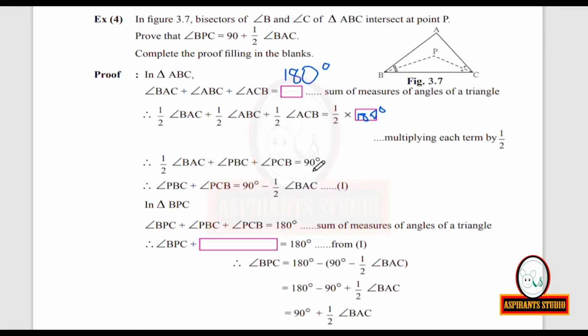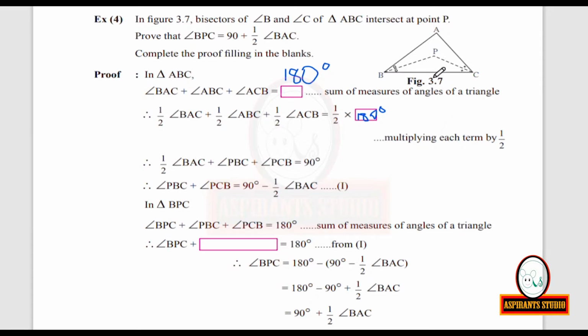Now, take half of angle BAC to the other side of the equal to sign. So already 90 degrees is present here. Now plus half of measure of angle BAC will become minus half of measure of angle BAC when you take it to the other side of the equal to sign. Keep this as equation number 1.